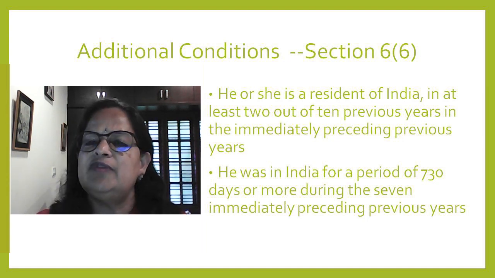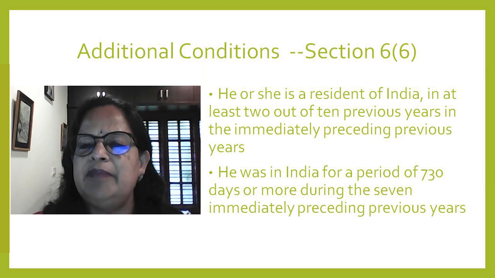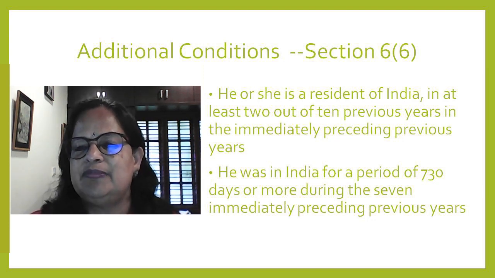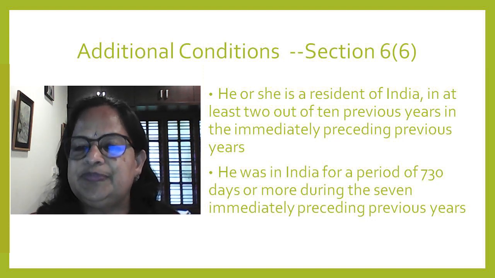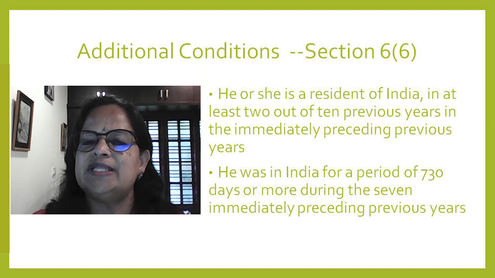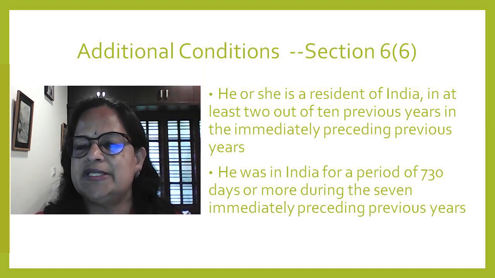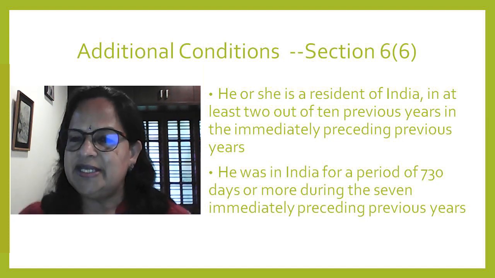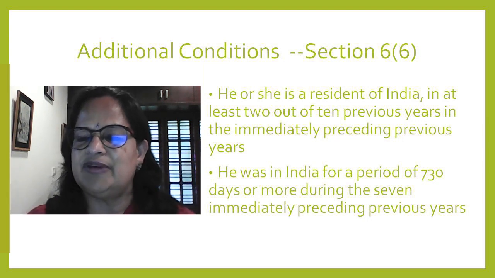Next one is, he was in India for a period of 730 days or more during 7 immediately preceding previous years. So this is also important. So here you have to remember that he was in India for a period of 730 days or more during the 7 immediately preceding previous years. Same calculation, basic condition, we were taking 365.